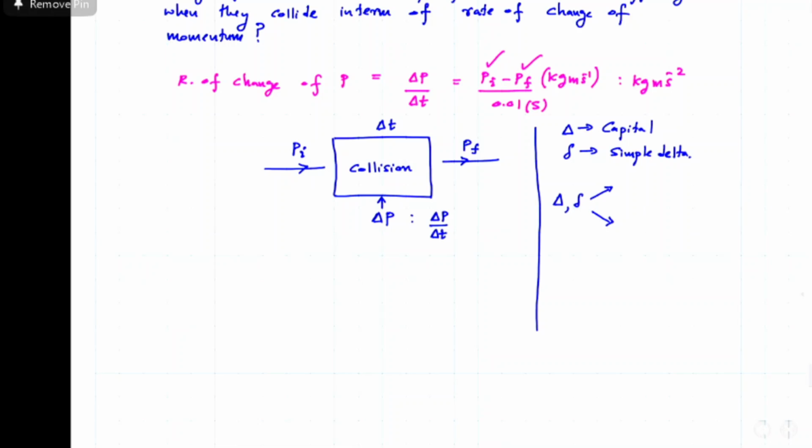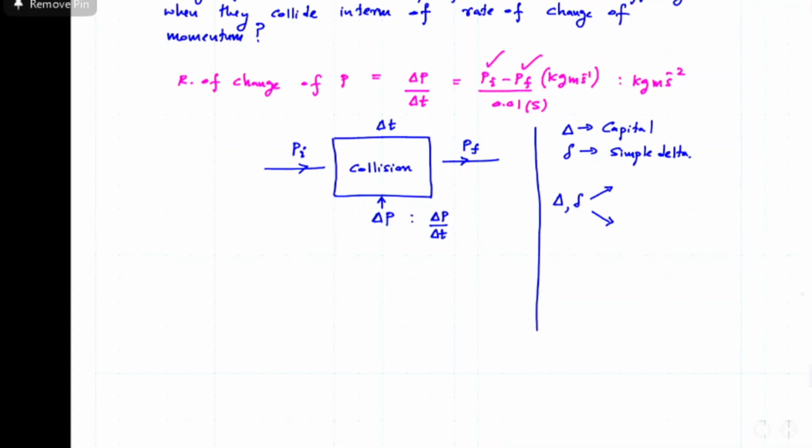What is that? One is difference in something.